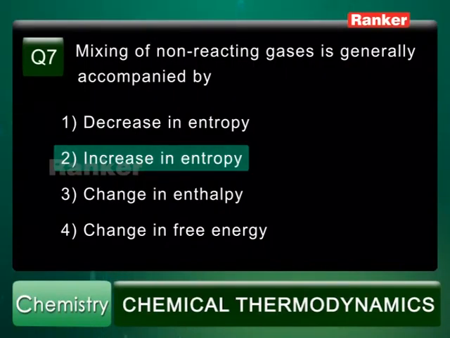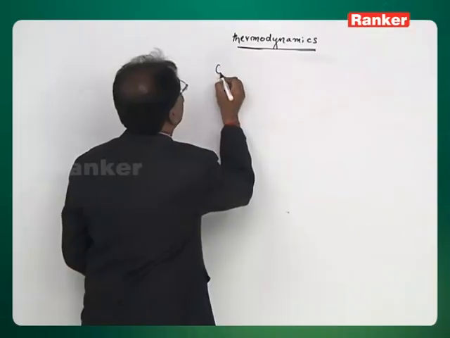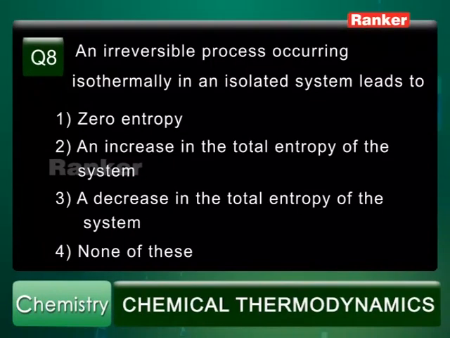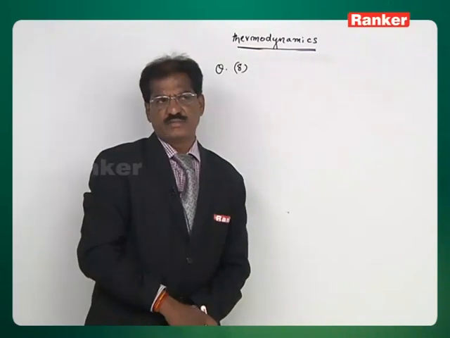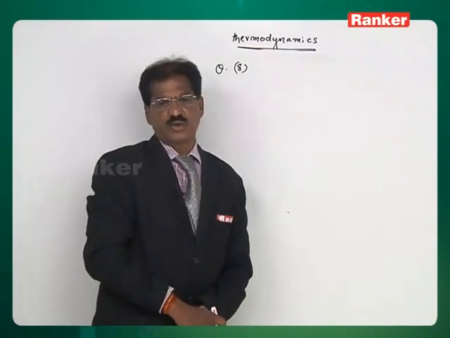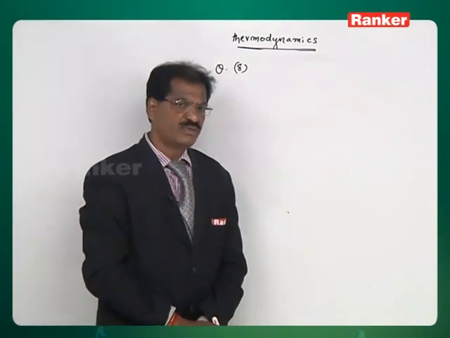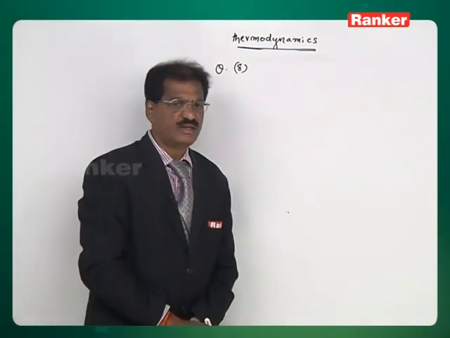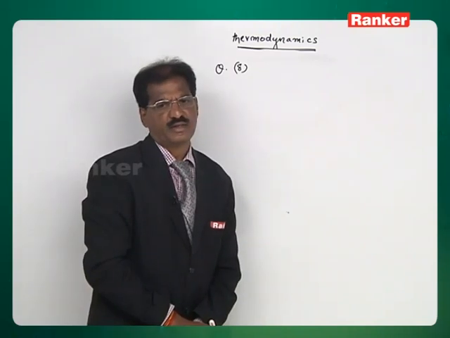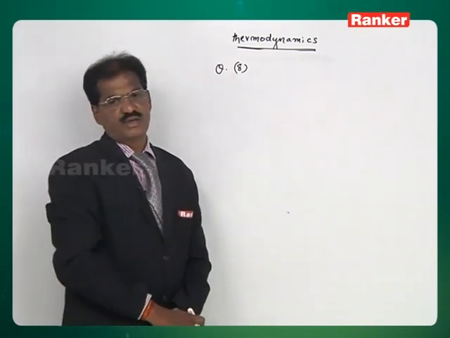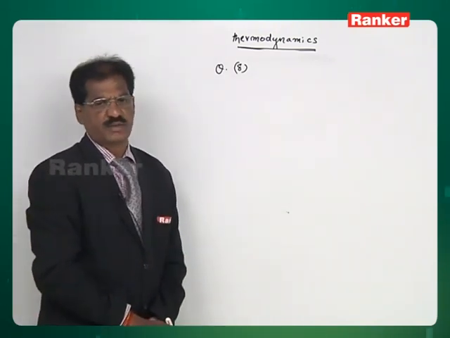Question number 8. An irreversible process occurring isothermally in an isolated system leads to. That means the change is taking place at constant temperature, and moreover it is in an isolated system. An isolated system is the system from which heat is neither absorbed nor liberated. That means energy and mass exchange with surroundings will not take place.